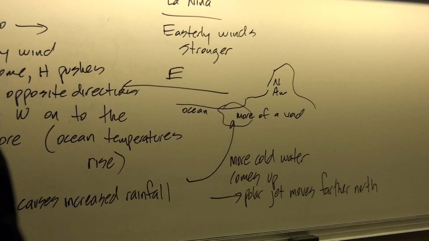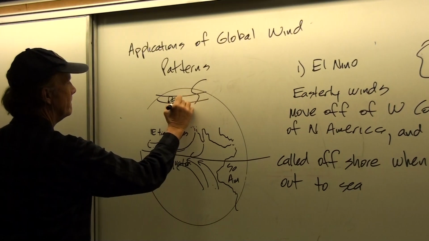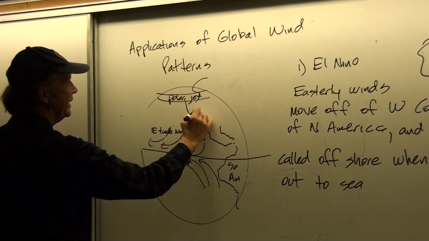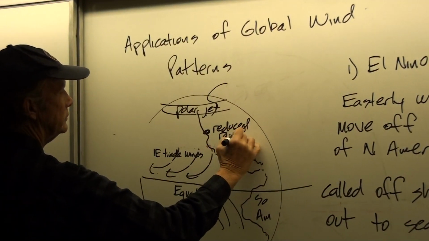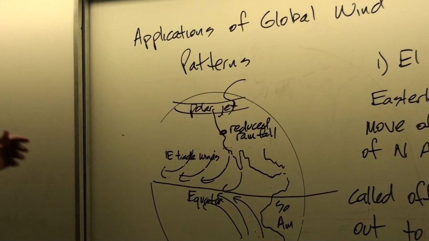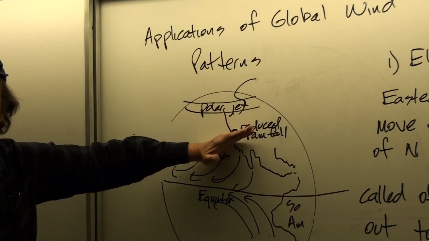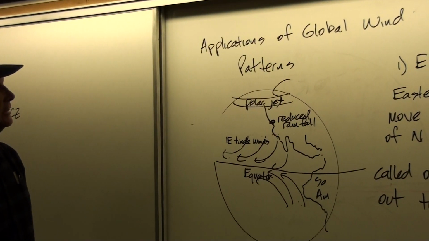And with the polar jet now farther north than normal, that means that in this part of California we have reduced rainfall because we don't have the jet stream bringing in those storm systems to our region of Southern California.